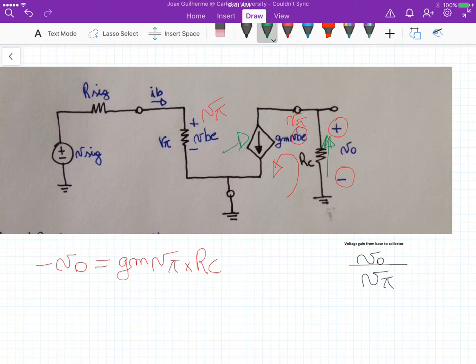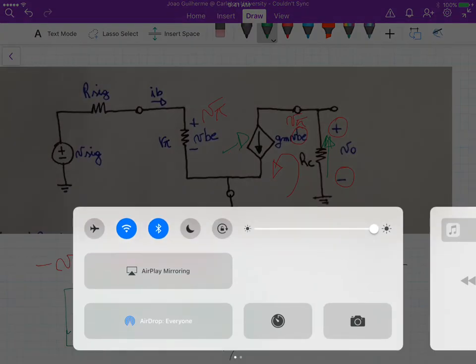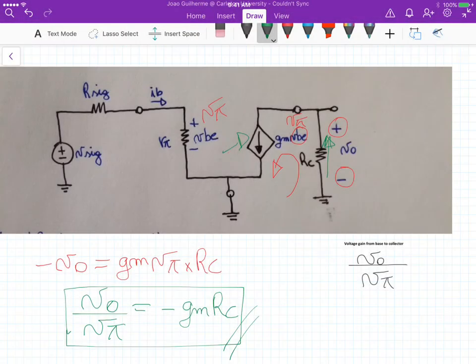Again, if we isolate the ratio between V out over V pi, we get minus transconductance Gm times RC, and this gives us the voltage gain from base to collector. Okay, our third term that we need to define here.